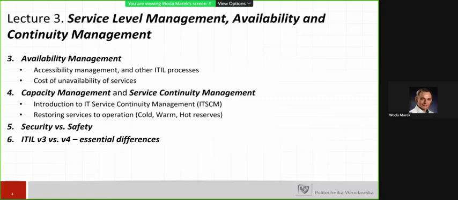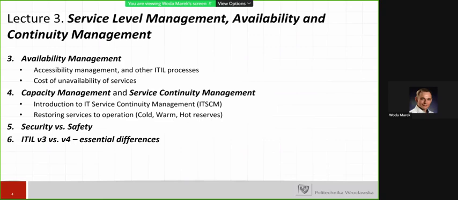And then we will proceed to the missing points in the equation, namely supplementary processes in availability management. So namely the capacity and service continuity management, how they relate to availability. And we will also refer to so-called warm, cold, and hot reserves as a part of the form of restoring services after the failure or outage.